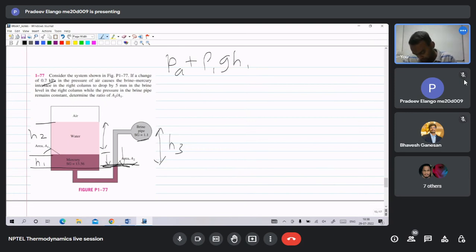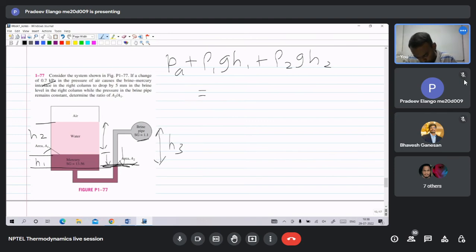So this represents the pressure caused by the mercury column of height h1, plus we have rho 2 g h2. This is the water column of height h2.